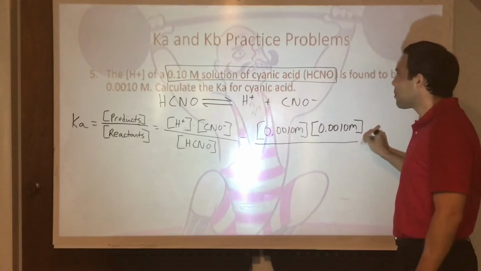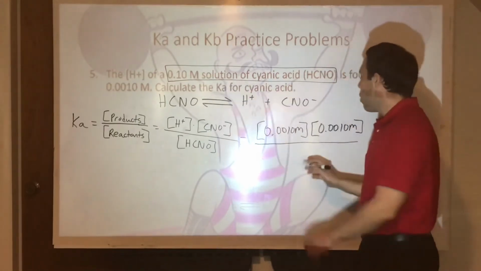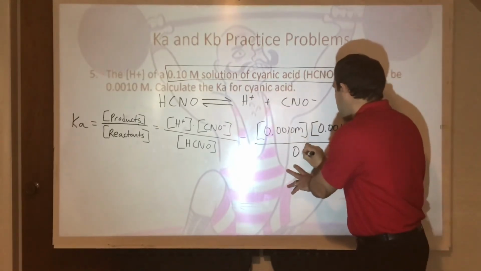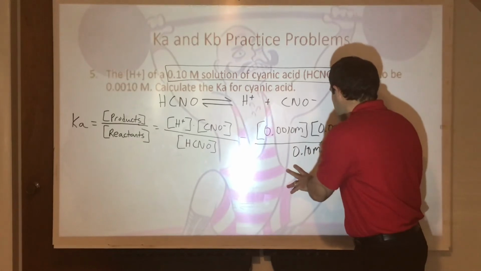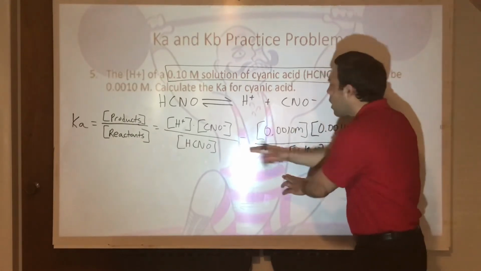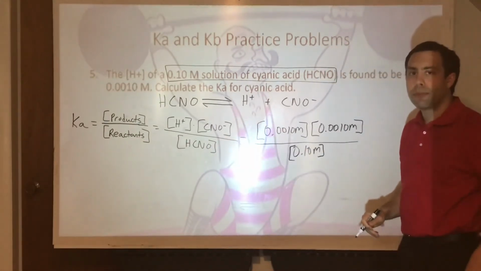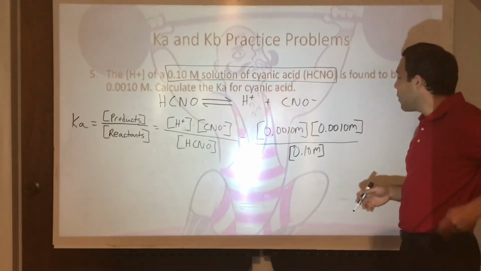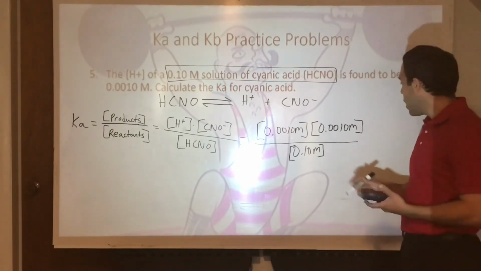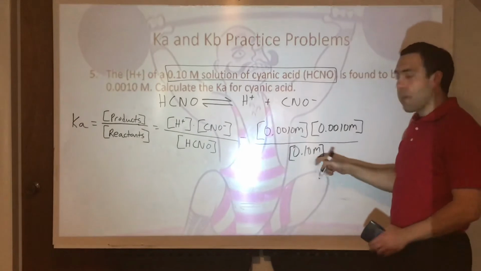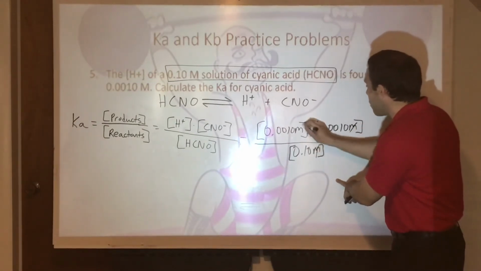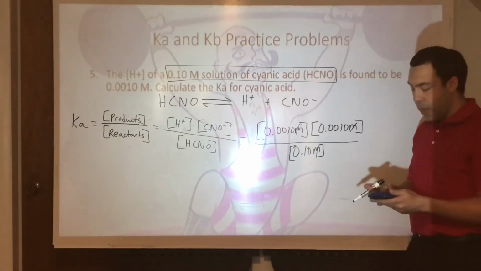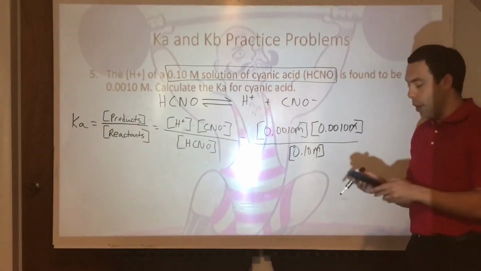Divided by, it's a 0.10 molar solution, so 0.10 molar of HCNO. Now we just very carefully punch these numbers in the calculator. When you divide molarity by molarity, the units cancel out. So you're just going to be left with a number, no unit.